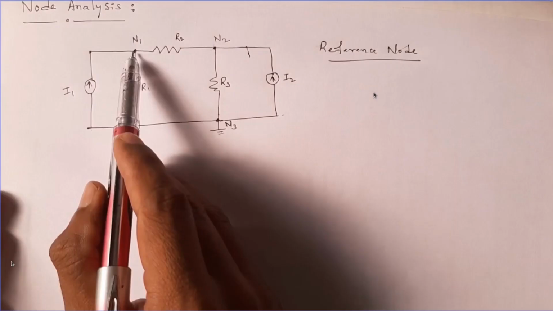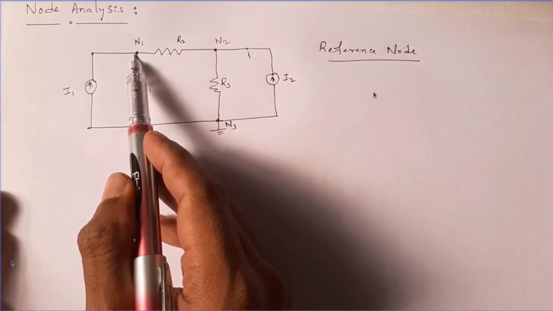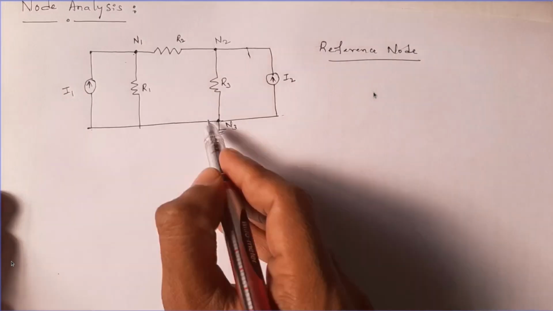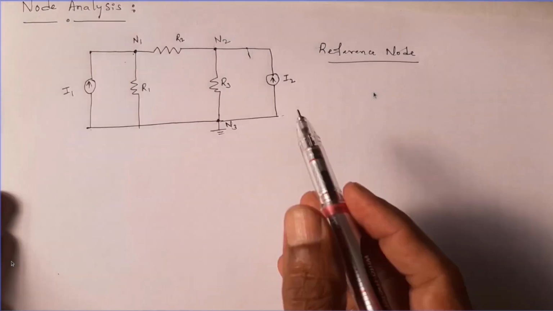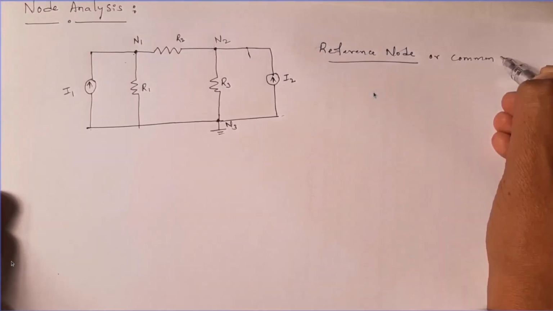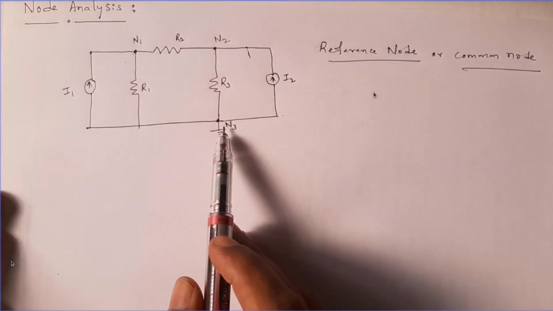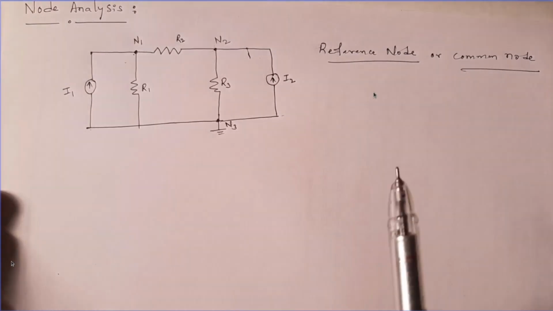I can consider this as a reference node, no problem, but it will be difficult to analyze such a network. Because if you consider this node, 1, 2, 3, 4 elements are connected. I say reference node, or you can also call it a common node. Normally this reference node or common node will be taken as the ground node.